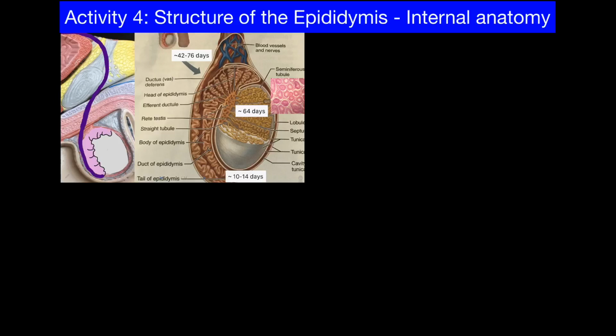So I already mentioned that the whole process we just covered with the 2 rounds of meiosis, working towards developing our sperm, takes about 64 days, pass through the rete testes, and now we are located within the epididymis. And this journey can take several weeks. And we're going to move all of our developing sperm down to be stored in the tail of the epididymis.